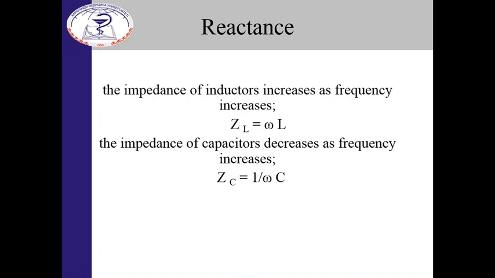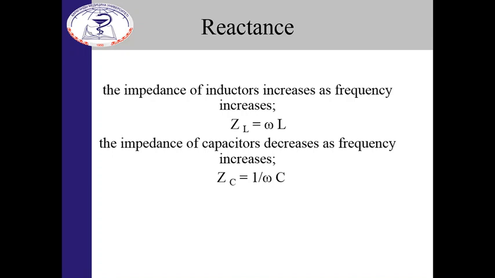For the inductive element in a circuit with alternating current, we can claim that its impedance, or exactly reactance, is directly proportional to the frequency and the inductance. For capacitors, we have the opposite relationship. Reactance originating in a capacitor is inversely proportional to the frequency and to the capacitance itself.